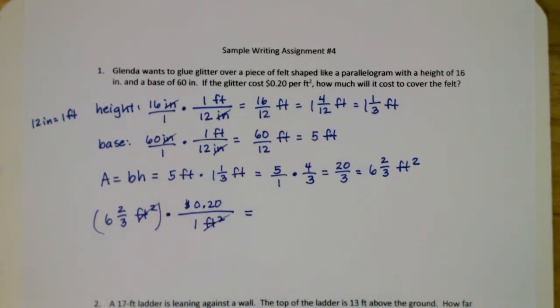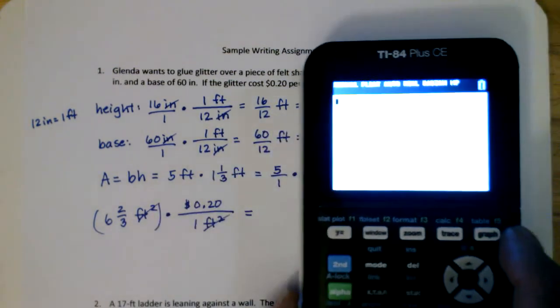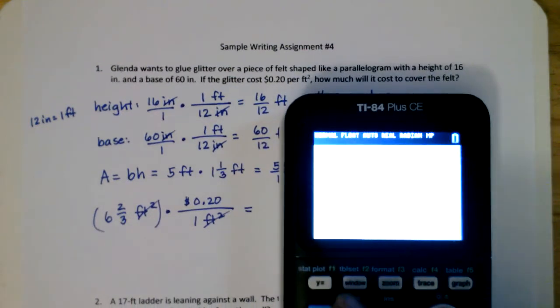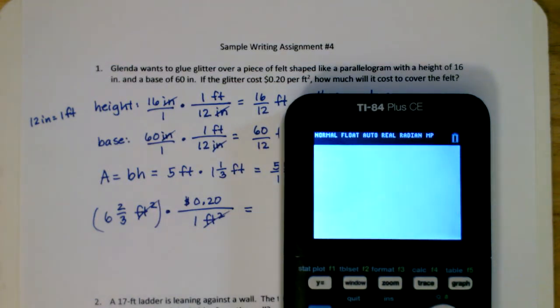Okay. And pretty much we can use a calculator to come up with our decimal value. All right, so what I'm going to do here is enter 6 2/3 using parentheses, 6 plus 2 divided by 3, close parentheses for 6 2/3, and then multiply that by 0.20.